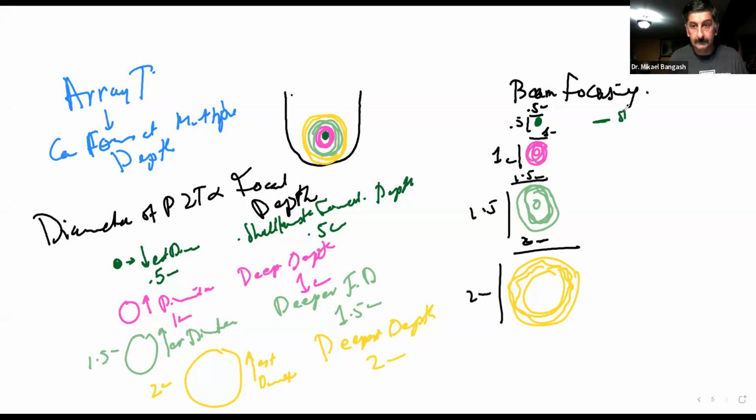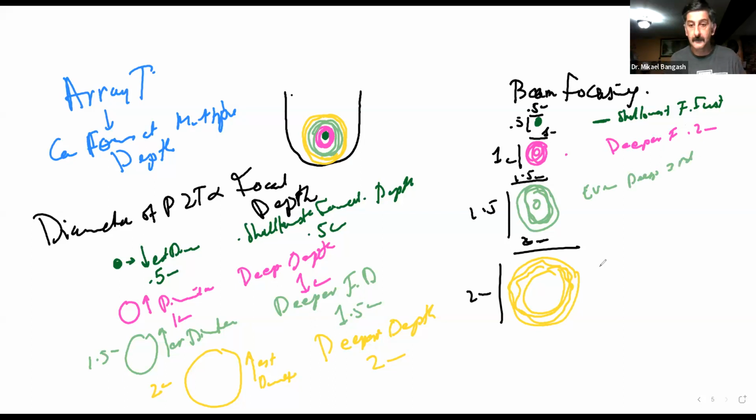the shallowest focusing, or shallow focus, comes first. Deeper focusing will be second. Even deeper focusing will be third.